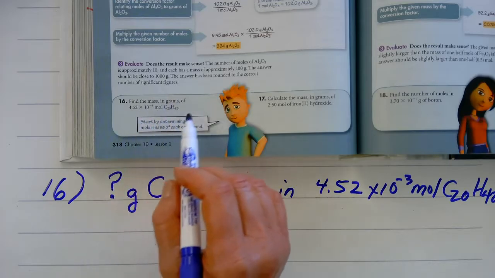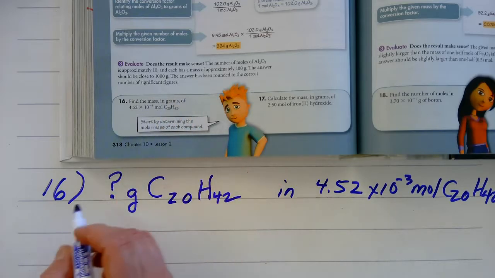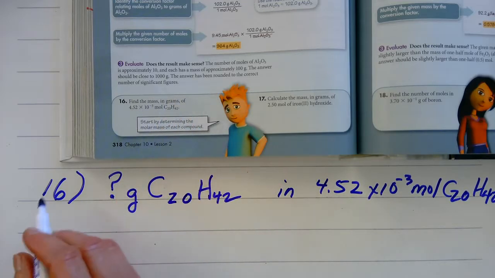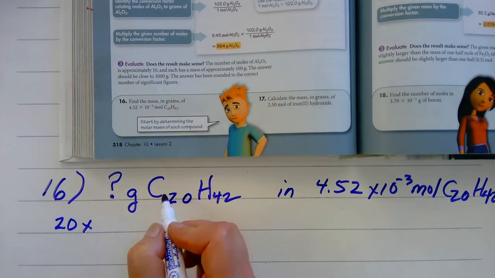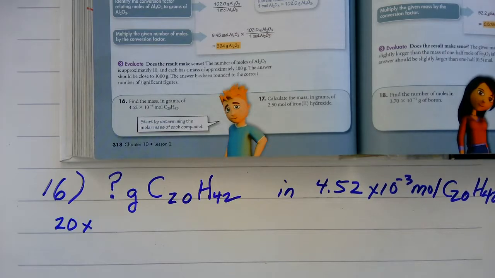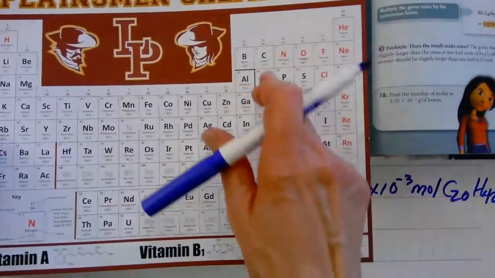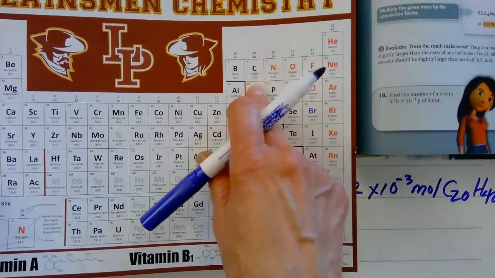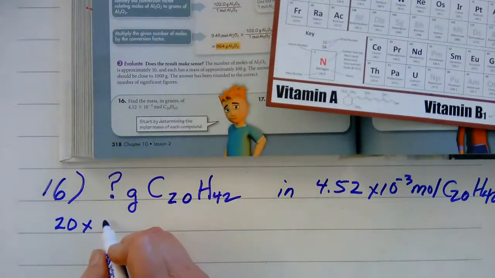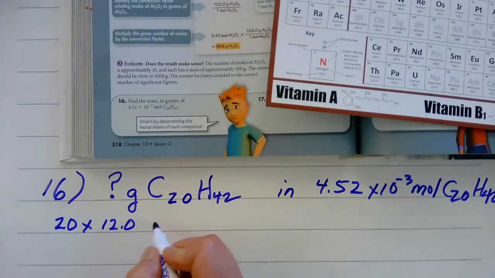In 1 mole of C20H42, we would have the equivalent of 20 moles of carbon. So we're going to take 20 times the molar mass of carbon. Where do we find the molar mass of carbon? We look on the periodic table. Carbon has a molar mass of 12.0, so we take 20 times 12.0, in grams per mole.